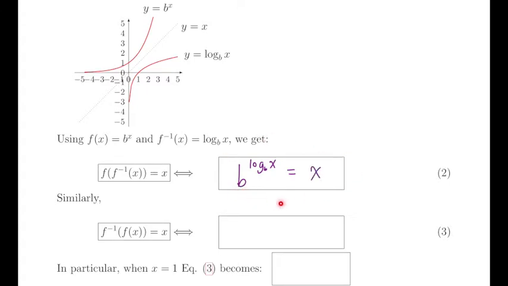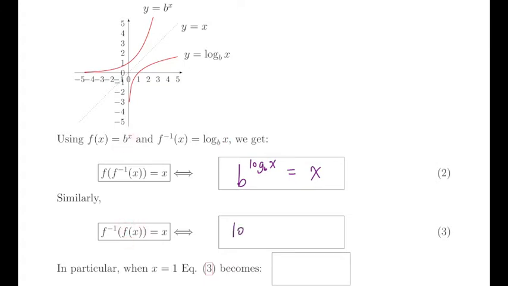And this is something that's worth remembering. Just think of b and the log base b as having the effect of canceling each other out. It's not exactly canceling out, but it has the effect of canceling out. Now similarly, the other way to compose is f inverse of f. How we can write this is we go to the f inverse, and wherever we see x, we plug in f of x, which is b to the x.